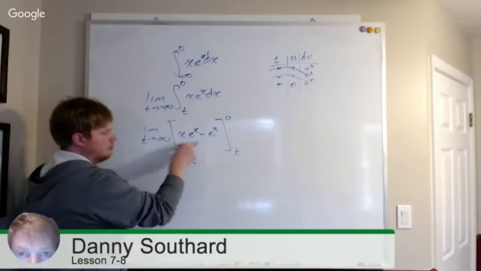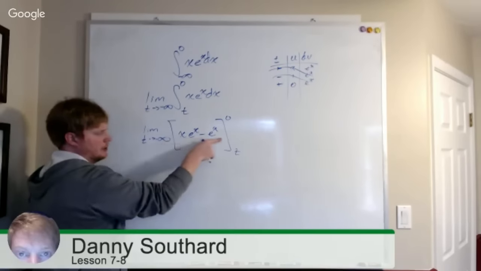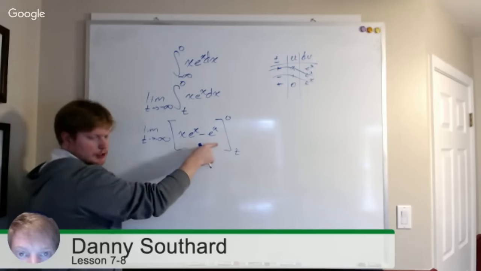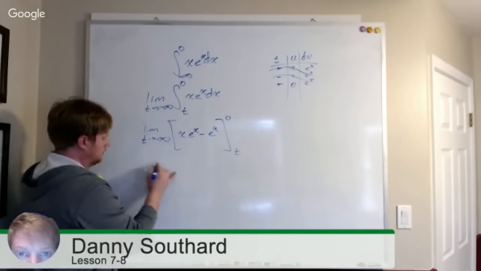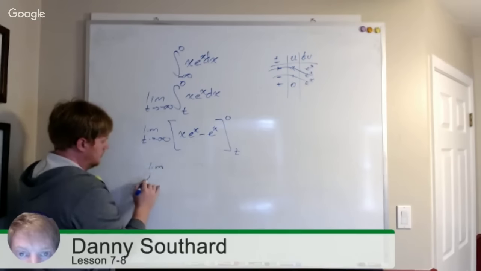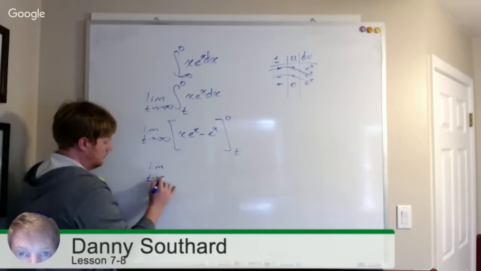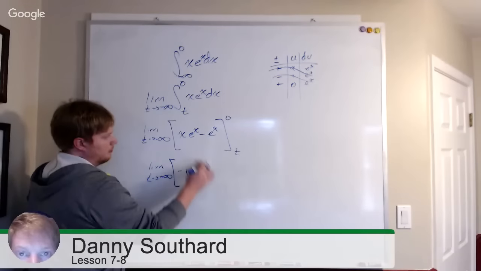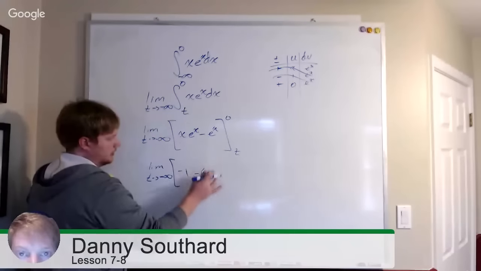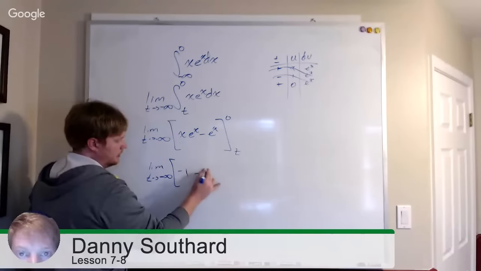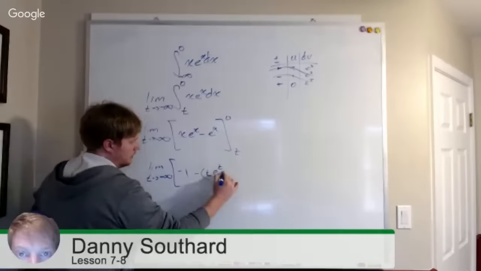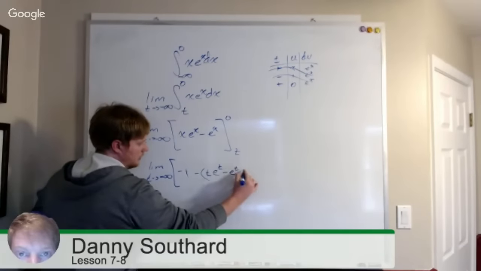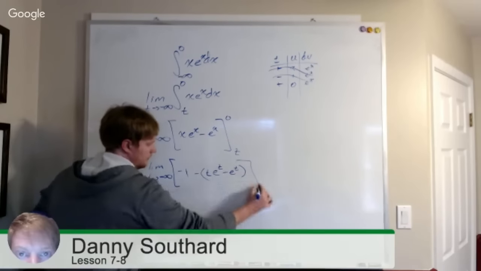Well, we plug in 0, we get 0 here, but 1 here. It's a negative 1, so keep that in mind. So negative 1 minus, plug in t. t e to the t minus e to the t.